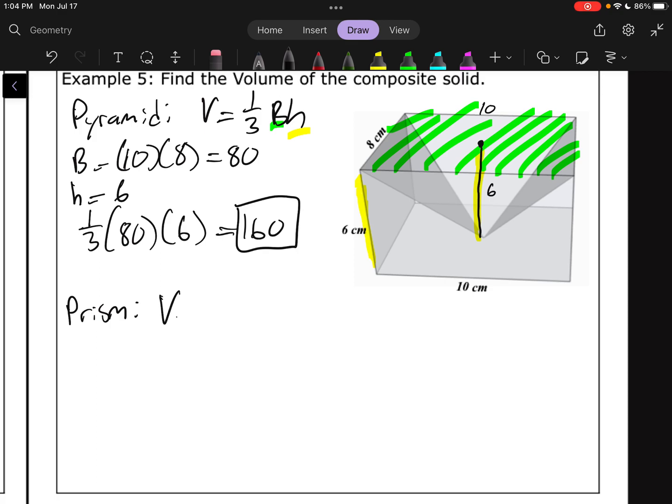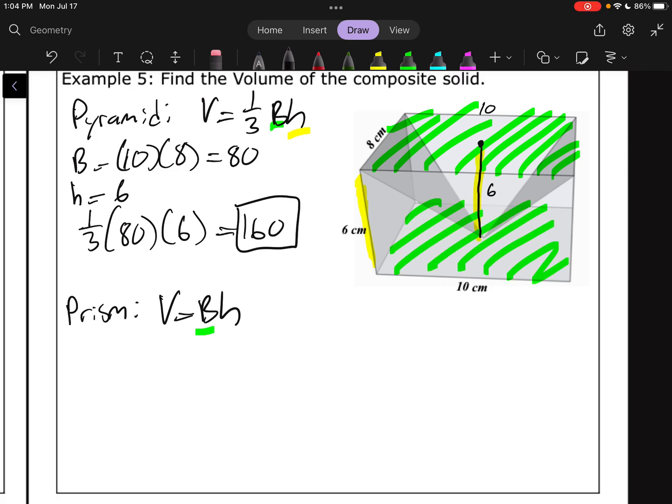And then for the prism, we'll do just regular big BH. The area of the base down here is the same as the area the base was up there. So we don't have to do anything different for that one. We'll just do 10 times 8, which is 80. The height is actually the exact same as well. It's also the 6.